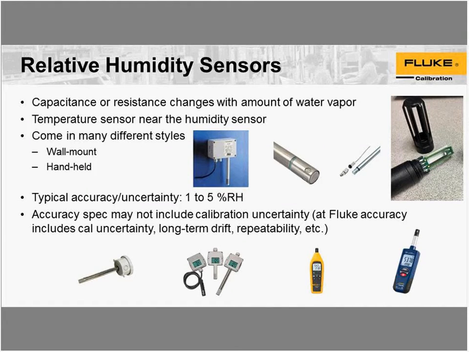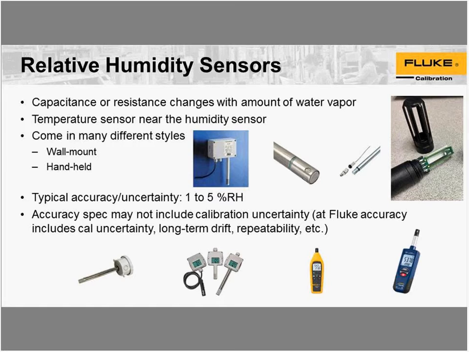At any rate, the small white square hanging on a wire frame is the temperature sensor, and then this large white piece just behind it, kind of ruler shaped, is the capacitive humidity sensor.